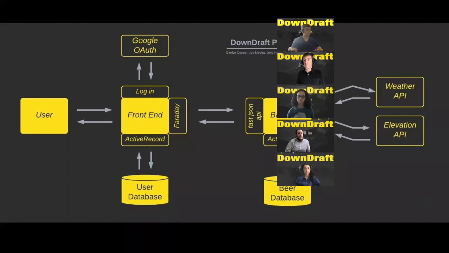We use primarily RESTful routes, but we do have a few in there that return core data in the form of fast JSON API serializers that the front end consumes. It's a pretty lean exercise, and the front end is able to access all of that data without having to store anything locally. I'll now pass it to Galen to go over a little bit how we do that beer selection.